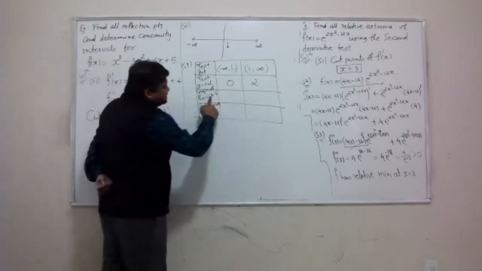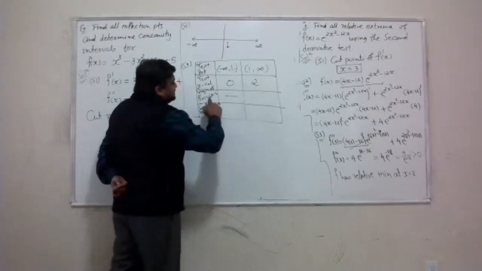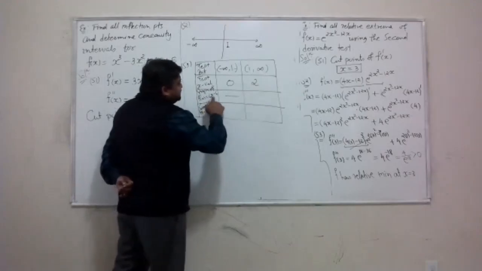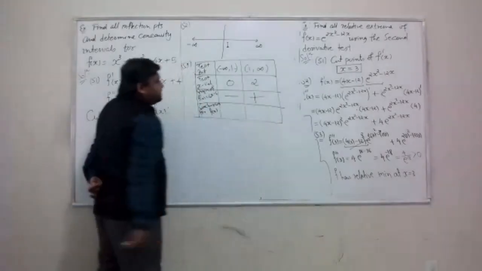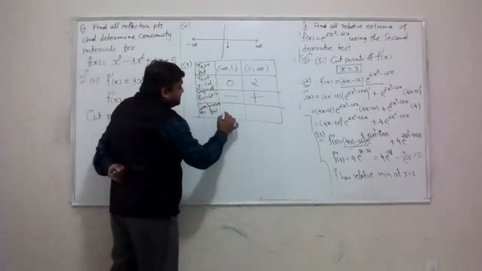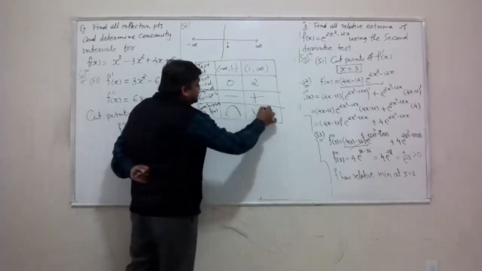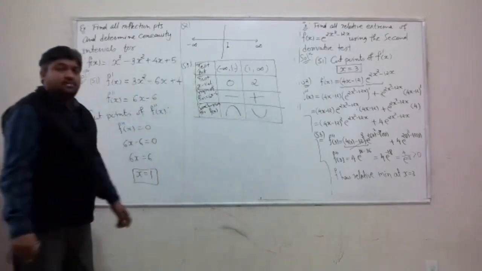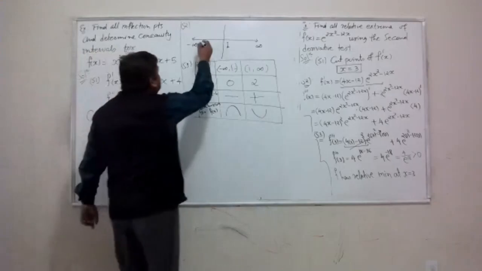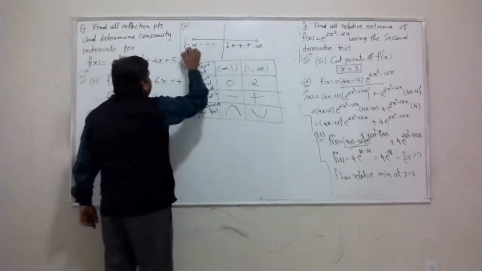I'm going to plug x equal to 0 here. 6 times 0 minus 6 is negative. 6 times 2 minus 6, so that's 12 minus 6, which is positive, right? If the second derivative is negative, the function is concave down. If the second derivative is positive, the function is concave up. If you copy the third row on the number line, you get the sign chart for the second derivative.